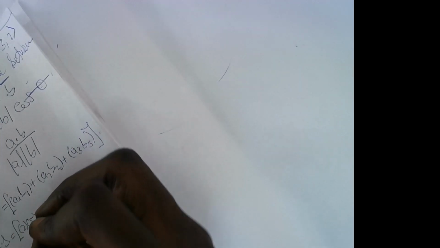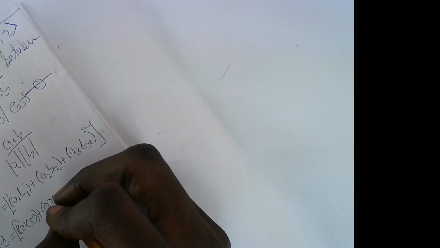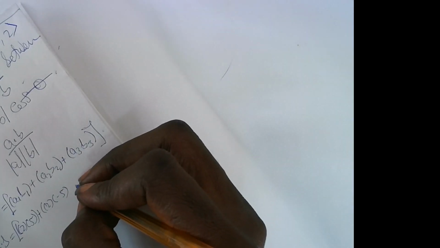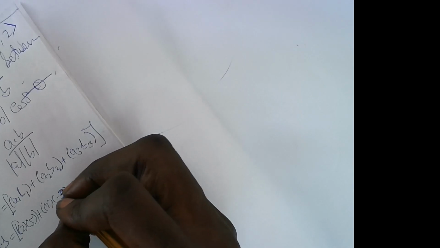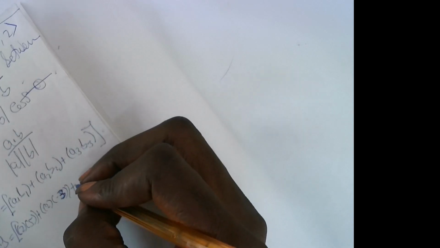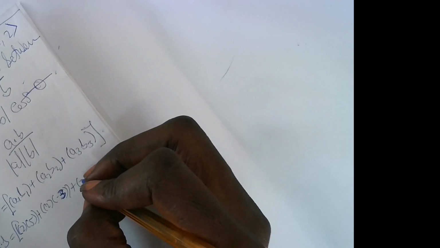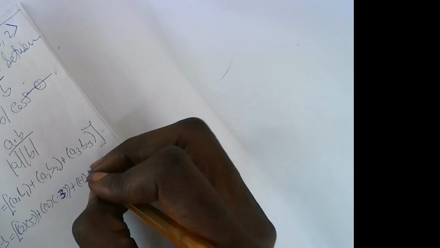A dot B is equal to 2 into 5, plus 2 into minus 3, plus minus 1 into 2.